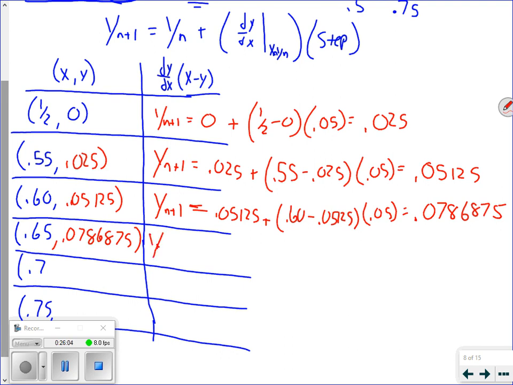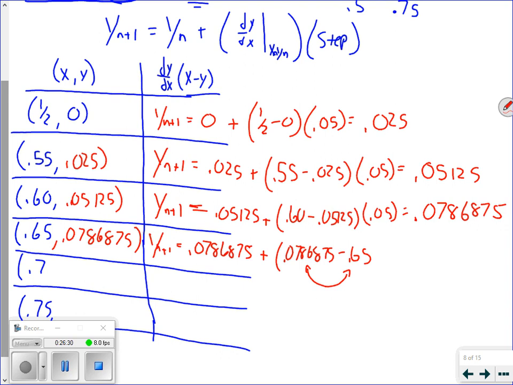So then my next y value is going to be my old y value, so 0.0786875, plus the slope at my current point, so x minus y. Oops, that should be the other way around. I apologize, I misspoke. It's x minus y.